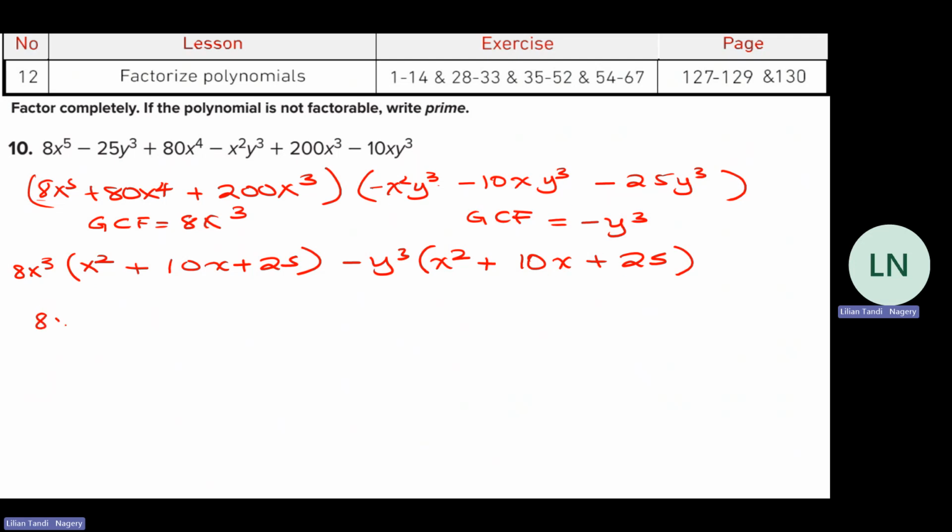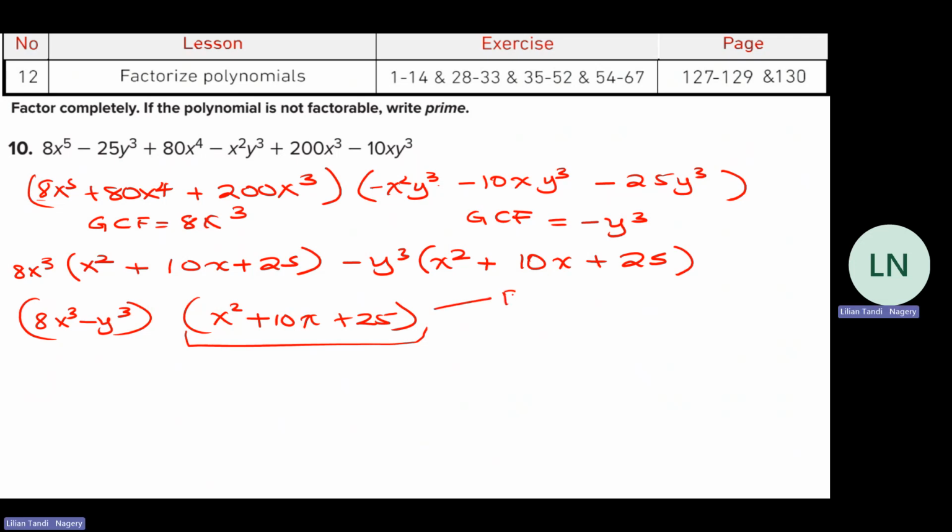So then I have 8x cubed minus y cubed, and then I have x squared plus 10x plus 25. Factor this out using rule, using calculator, using table, using what else? Quadratic formula.